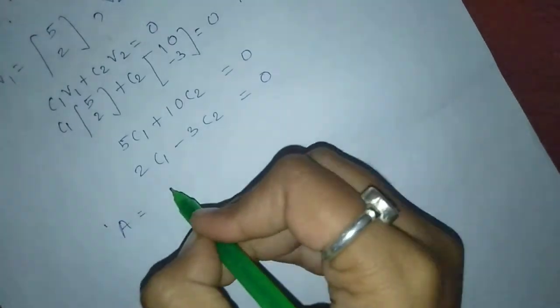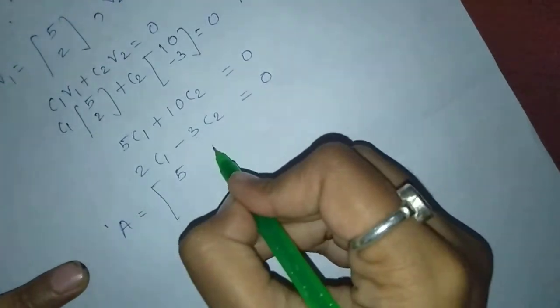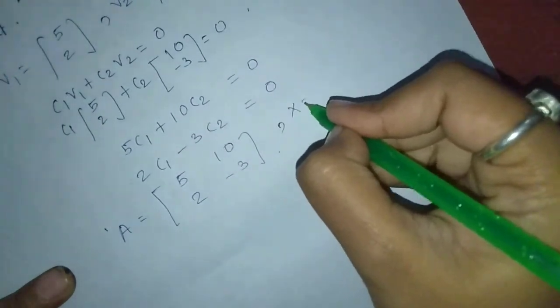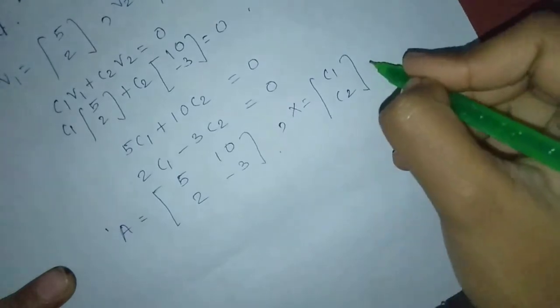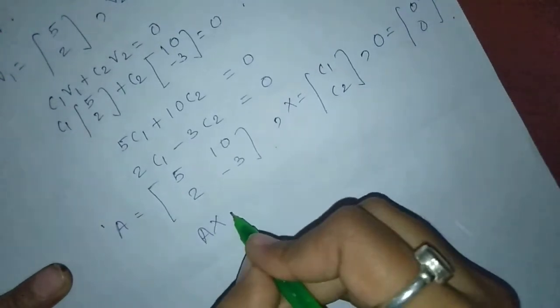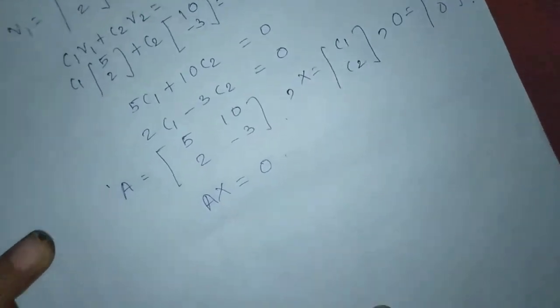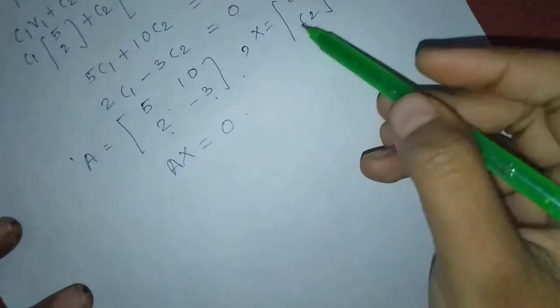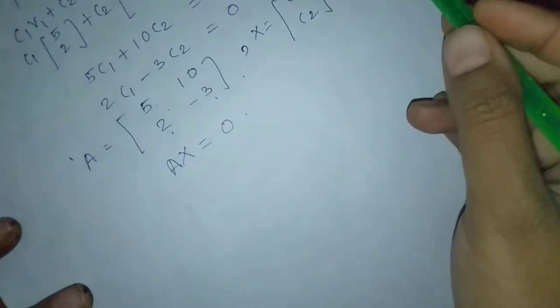First write the coefficient matrix A equal to rows (5, 10), (2, -3), X equal to (c1, c2) and O equal to (0, 0). Consider the system AX equal to 0, a homogeneous system, where A is (5, 10; 2, -3), X is (c1, c2), O is (0, 0).